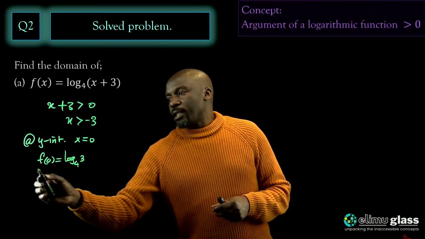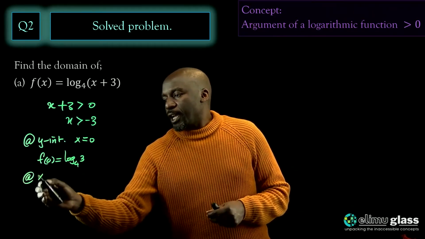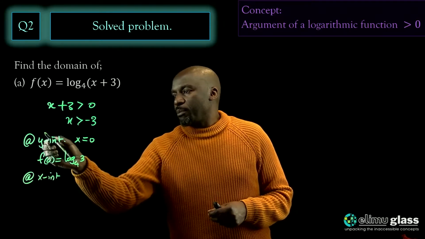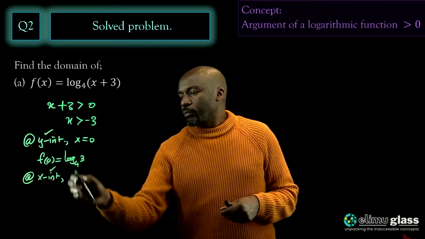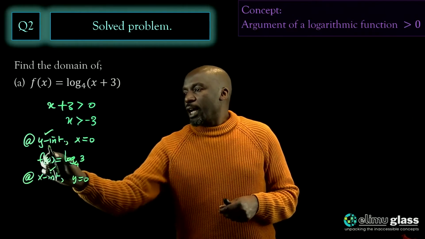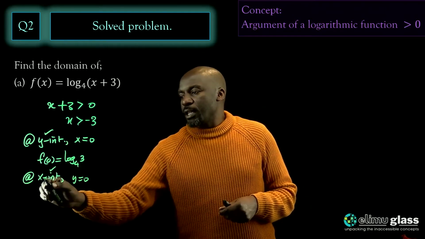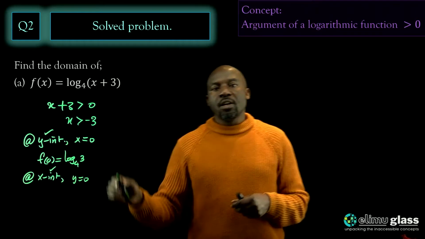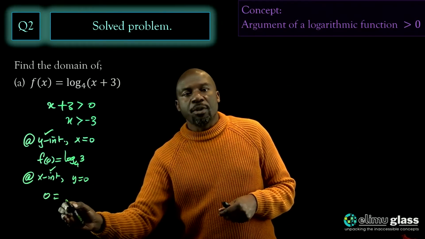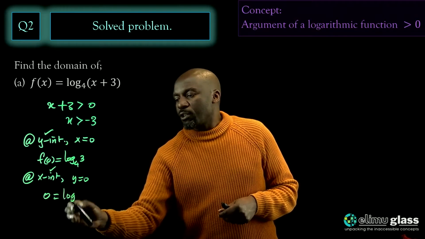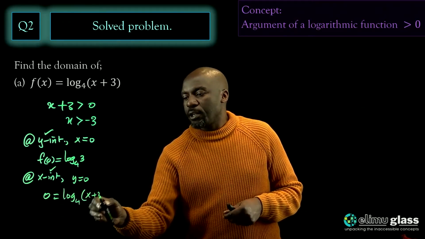What about the x-intercept? Again, these are important points to note. At the x-intercept, y is 0. At the y-intercept, x is 0. At the x-intercept, y is 0. So we make y 0 there. Therefore, 0 must be equal to log to base 4 of (x plus 3).